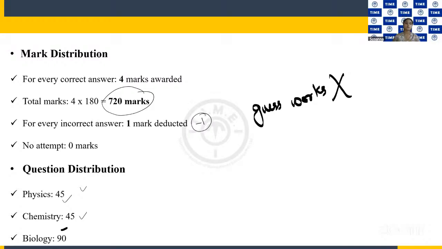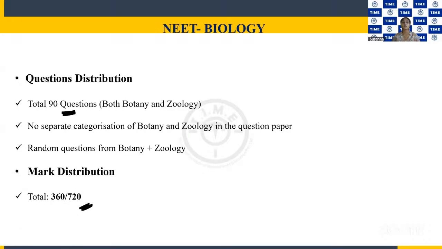Then we talked about the question distribution from each subject, how many questions are expected. Biology is the main core subject of NEET. You have almost 90 questions coming from biology alone. In the question distribution, you have a total of 90 questions from both botany and zoology.